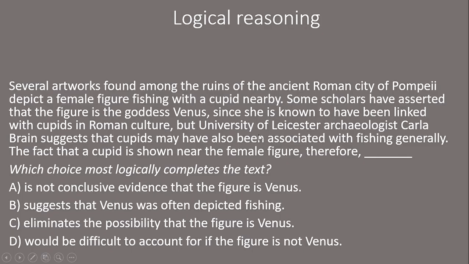But University of Leicester archaeologist Carla Brain suggests that cubebs may have also been associated with fishing generally. Okay, they might have been associated with fishing generally. The fact that a cubeb is shown near the female figure, therefore.